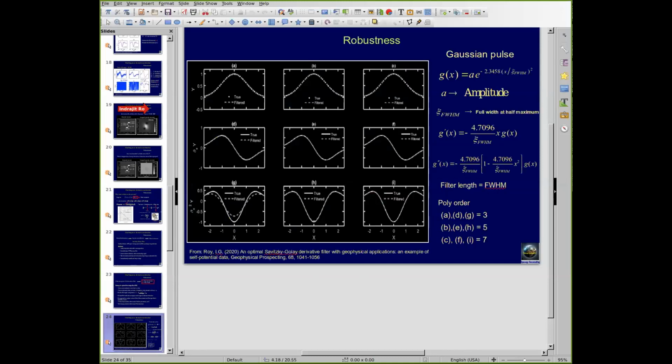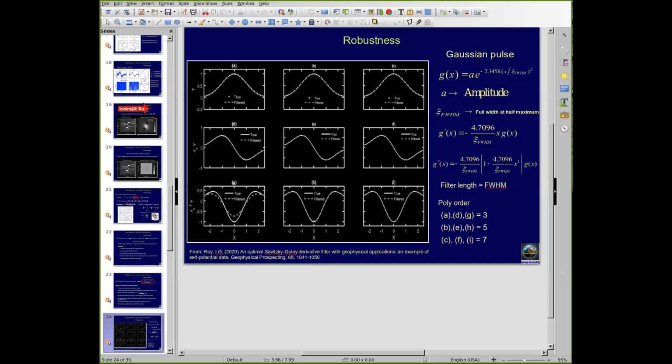And here are some results. We use a Gaussian pulse because it is a very ideal situation, as the majority of anomalies look like that, and for Gaussians you can compute the first order and second order derivatives analytically. The FWHM is the full width at half maximum.